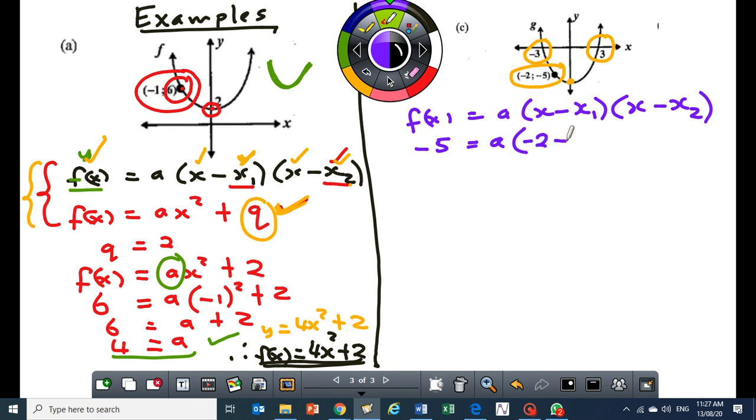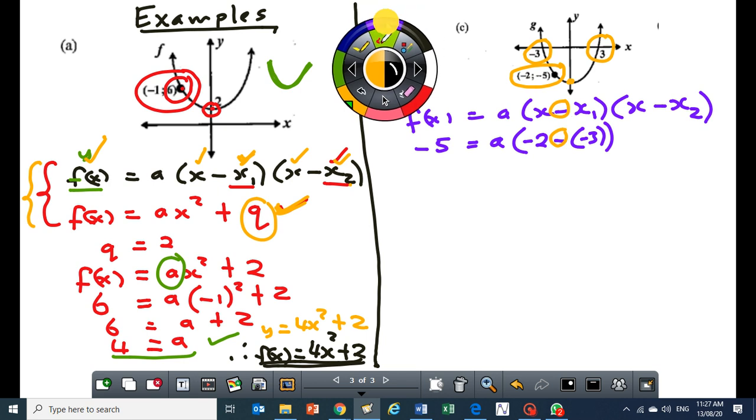Where there is x1, I'll put minus 3. But the minus 3 must be in brackets because this minus here is the minus of the formula. Okay? So you must put the minus 3 in brackets. Then where there is x there, it's the same x, so I'm going to put minus 2 as well. So I'll put minus 2, minus 3, because my x2 is positive 3.